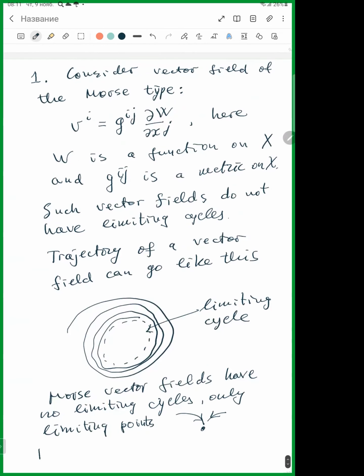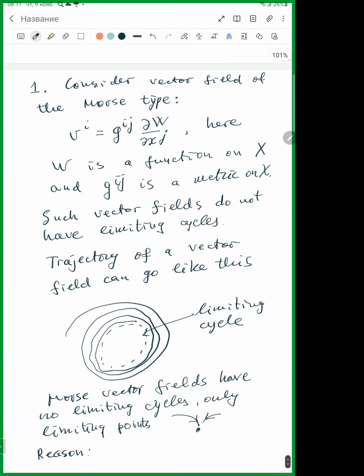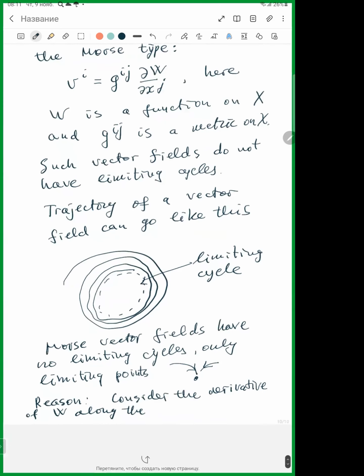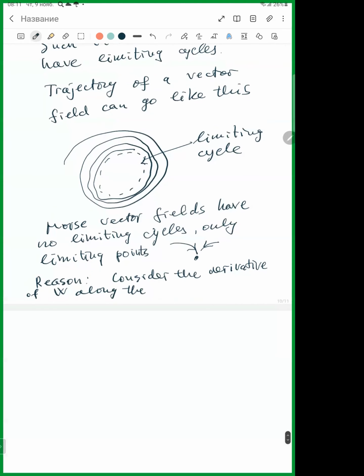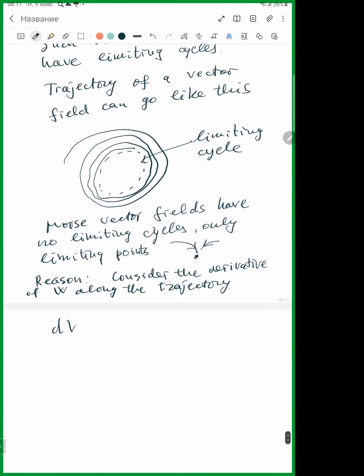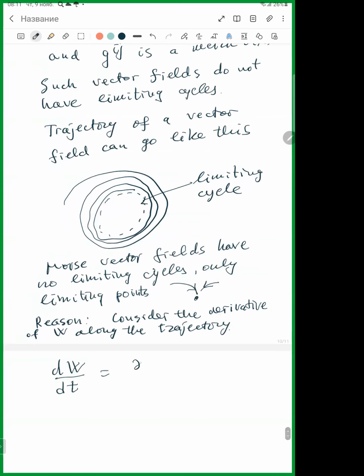Reason. Consider the derivative of W along the trajectory. dW over dt equals dW over dxi vi of x.